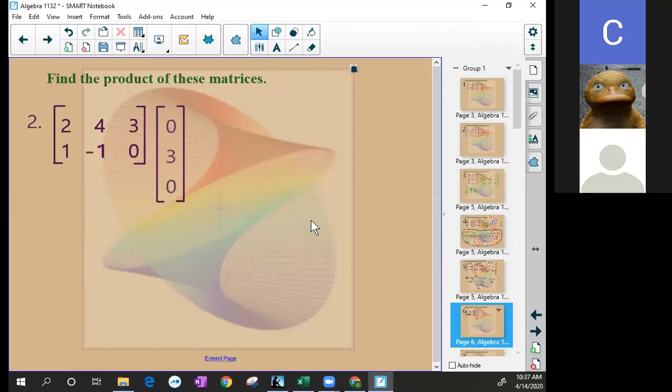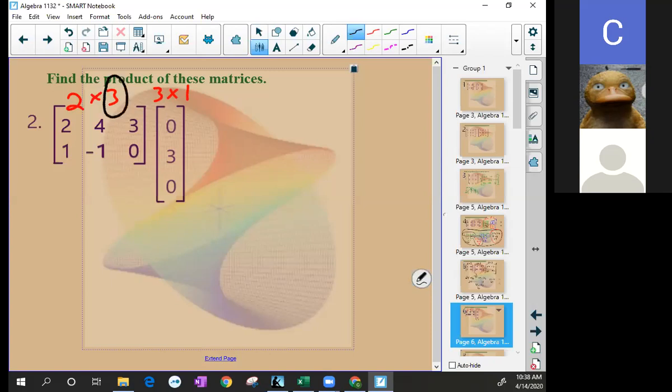All right. So the first matrix here is 2 rows by 3 columns. This next matrix is 3 rows by 1 column. We can multiply if the columns of the first matrix match the rows of the second matrix. So we list them by row by column.